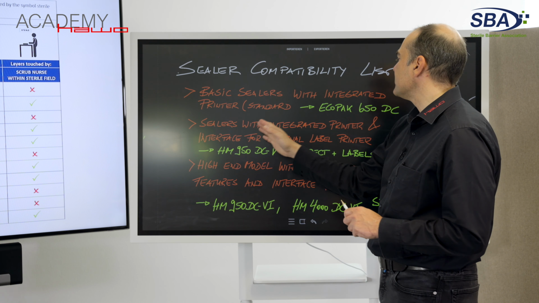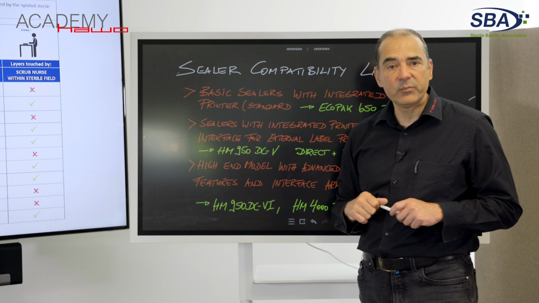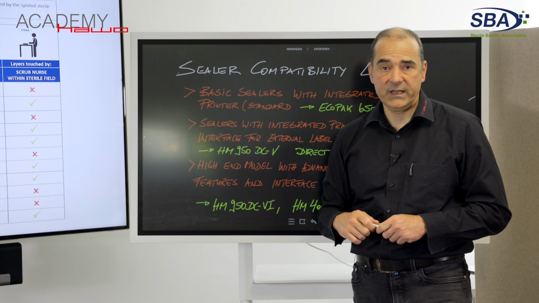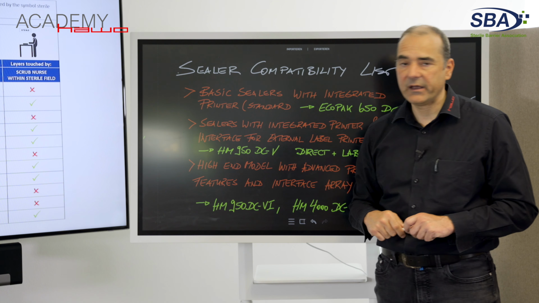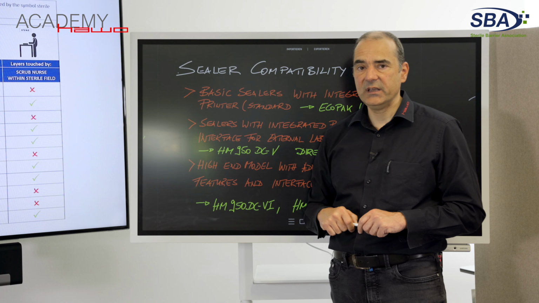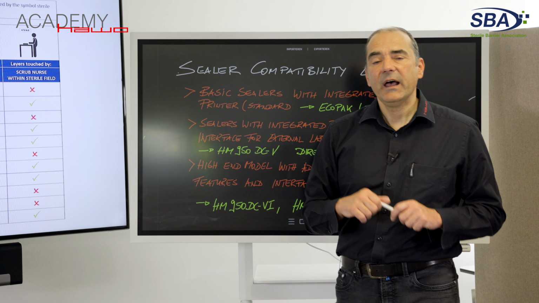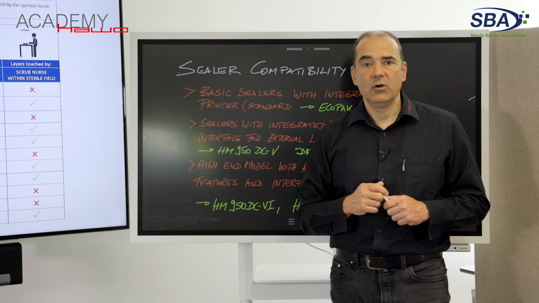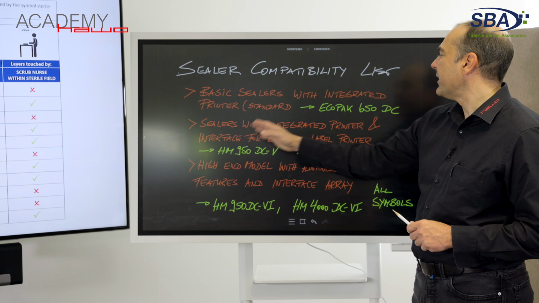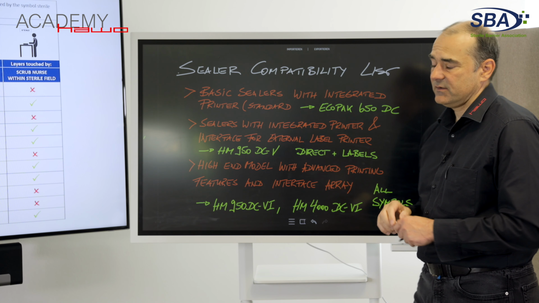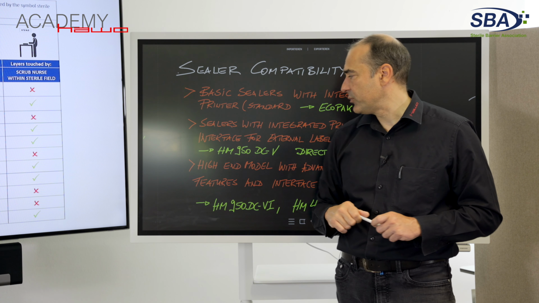Then there are sealers with integrated printers and interfaces for external label printers. Here, to name the standard version of our Nanopack 950 DCV, of course we can print the solid line and transfer information also to a label printer via the interface for this external USB label printer.